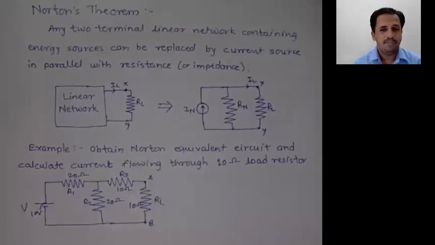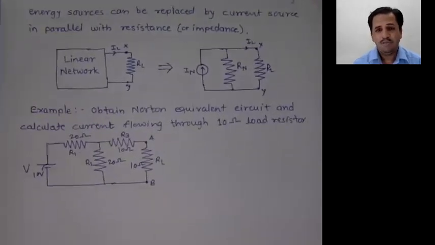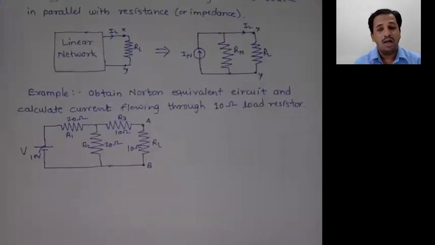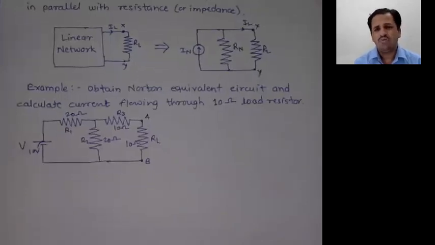Here it is that 10 ohm load resistor, and we have to obtain the current flowing through this device. Firstly, the steps for this case are most important. Once you understand the steps, you can easily solve the example. It is not necessary to remember it; only 2 or 3 steps are sufficient, as with the Thevenin theorem.